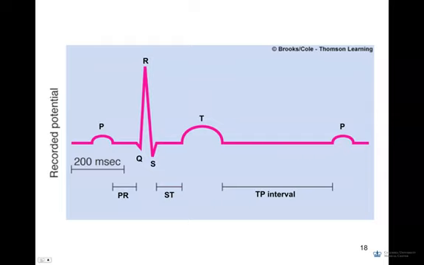Then we have a brief period of no activity, the ST interval, and then we get the T wave, which represents the repolarization of both ventricles. During the ST interval, we have ejection of blood from the ventricles.